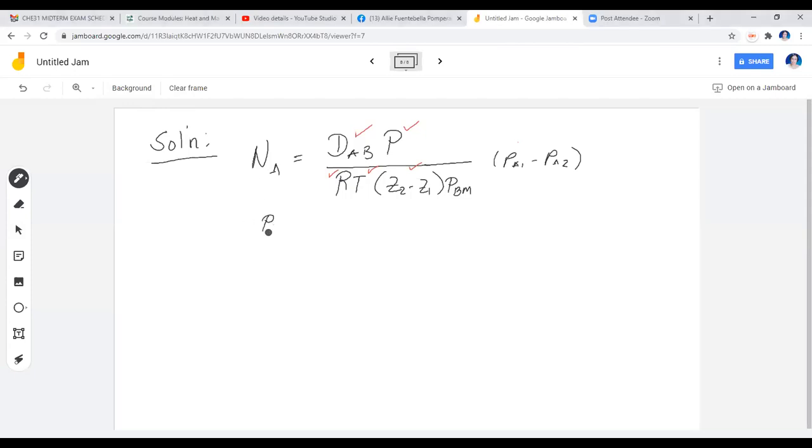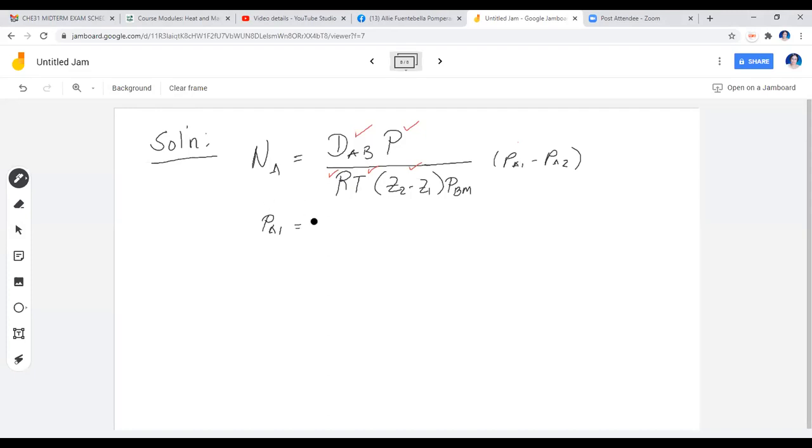Now, we will get the partial pressure of A1, PA1. So the problem gives us PA1. Let me read, where is it? Okay, so in this case, you need to find the vapor pressure. It's not given. That is why I did not check it. It's not given in the problem.